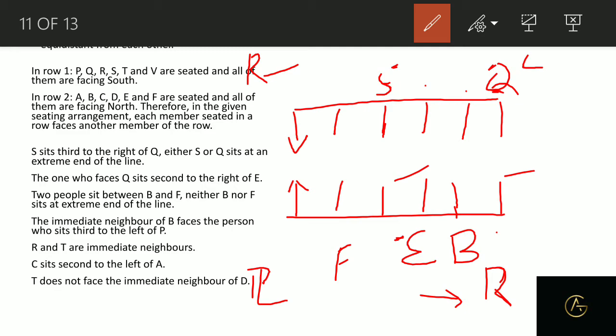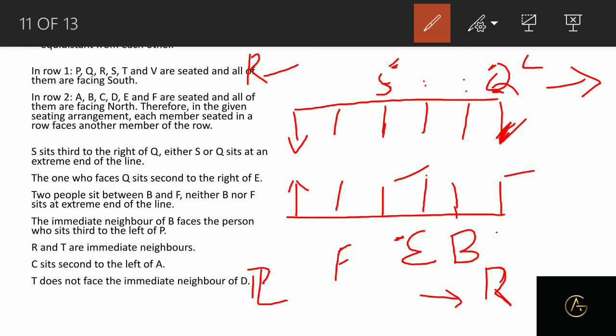P is in row 1. Left of P is where? This way. If we take this one opposite, then P will sit 1, 2 and 3.